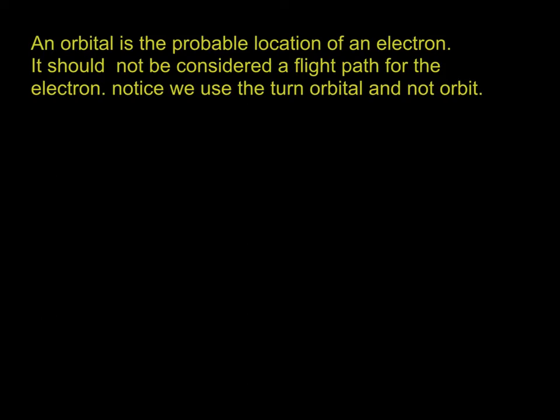Depending on which class you have, we will or won't go into that more complex movement. What you should consider an orbital is where an electron likes to hang out.